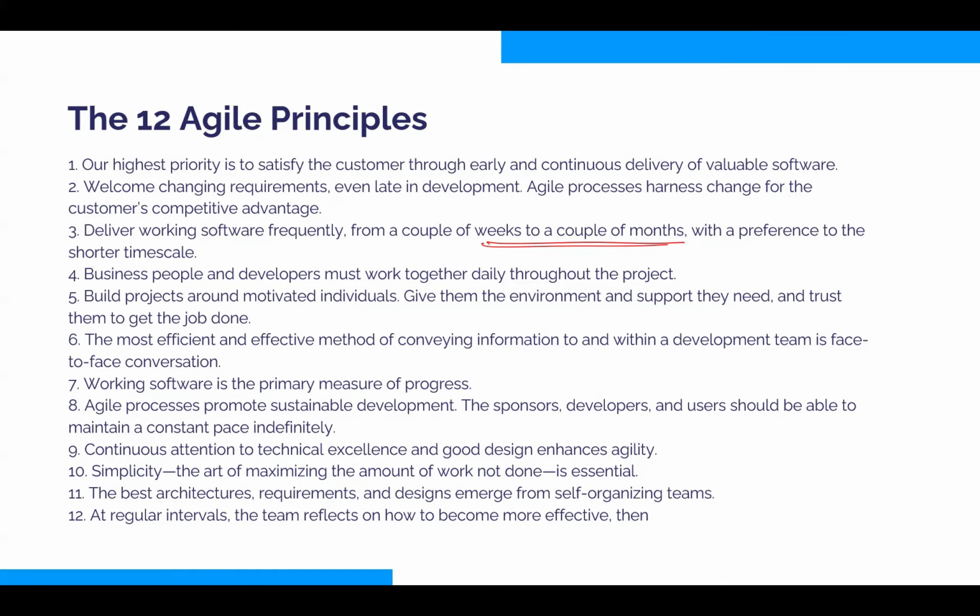Number 4, business people and developers must work together daily throughout the project. Try to recall, this is a very different way of working than predictive. In predictive, the team building the product probably never talks to the customer. But here there is a clear guideline: the team building the product can anytime get in touch with the customer, people from business.